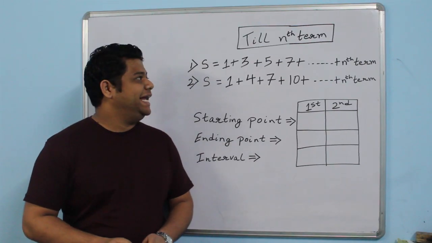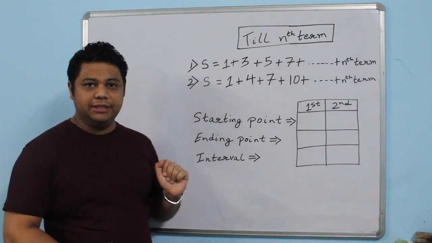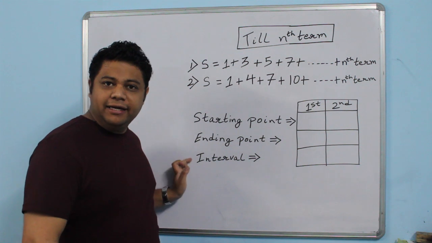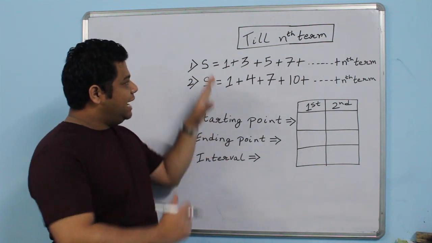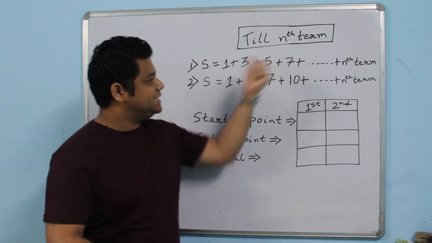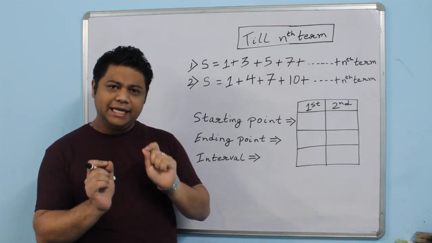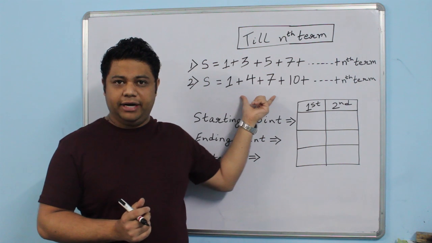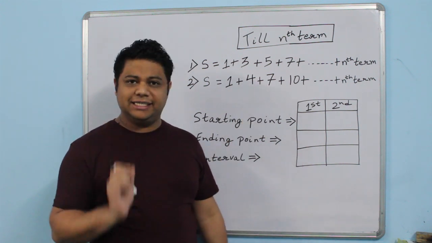Now moving on to the nth term, you can see I have taken two examples. Here we are going to discuss what the starting point, ending point and interval will be. The first example is the same one I used for n, and the second is the example given next.